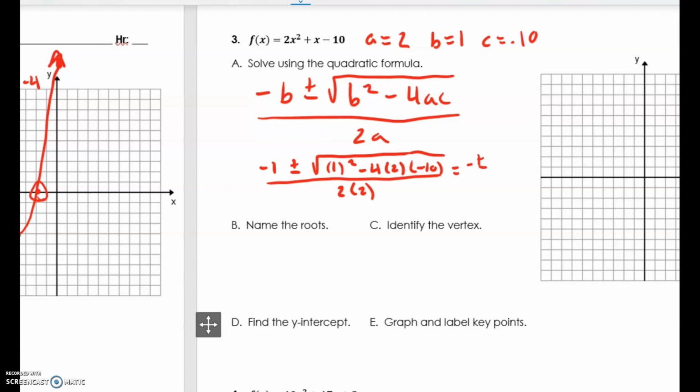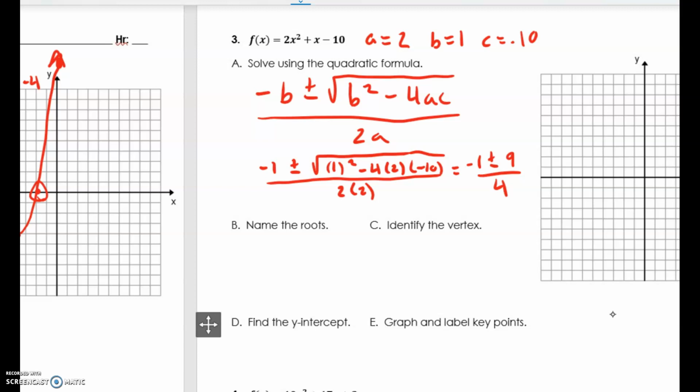Negative 1 plus or minus. I'm going to go ahead and just do everything underneath the square root right now. So if I do 1 squared minus 4 times 2 times negative 10, I get 81. And the square root of 81 is 9. So once you start getting the hang of it, you can just do all of that in one step.